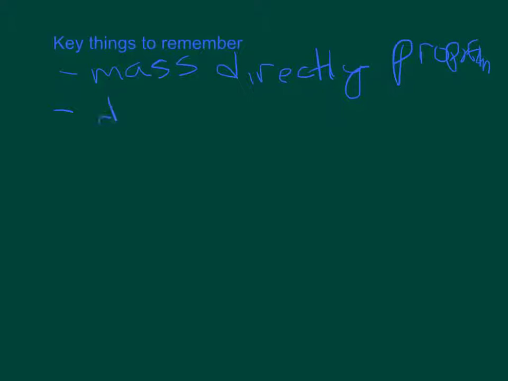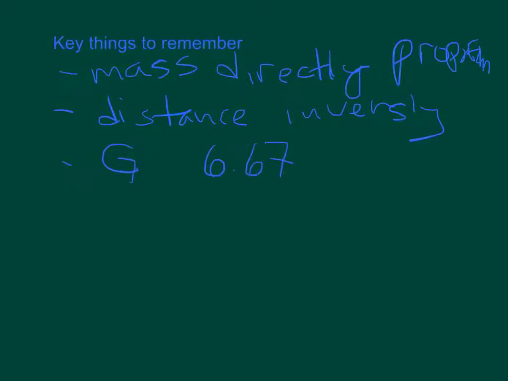It says that distance is inversely proportional. That the equation is made true by Cavendish's universal constant, which is 6.67 times 10 to the negative 11th newtons meters squared per kilograms squared.